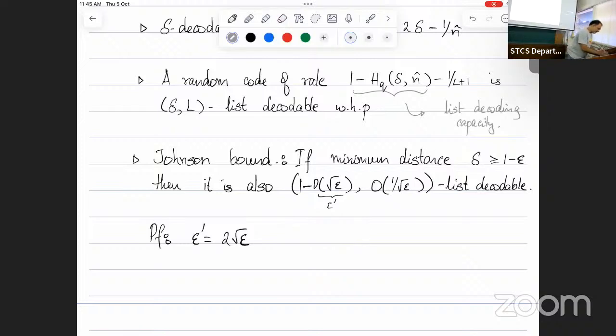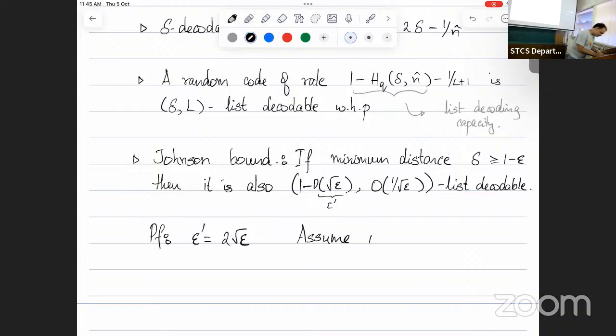These things are very significant with respect to what I'm going to say about Reed-Solomon codes. So the Johnson radius is square root of 2 epsilon, and anyway, I'll get to that.